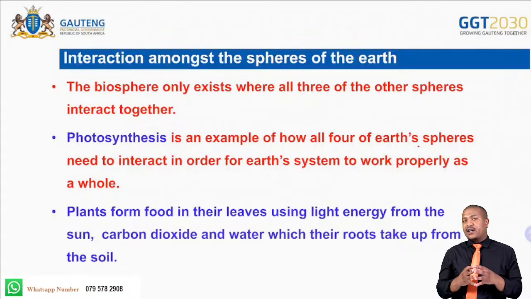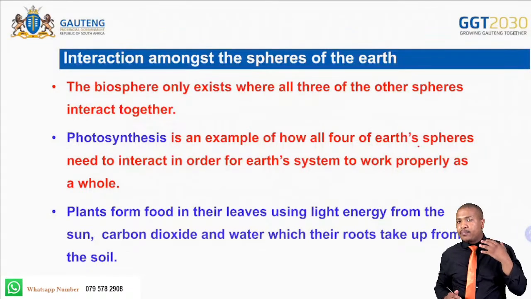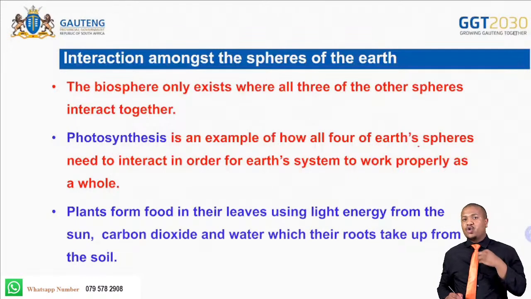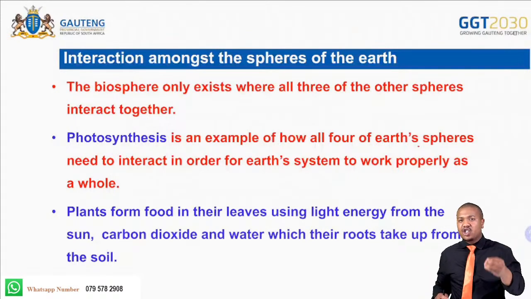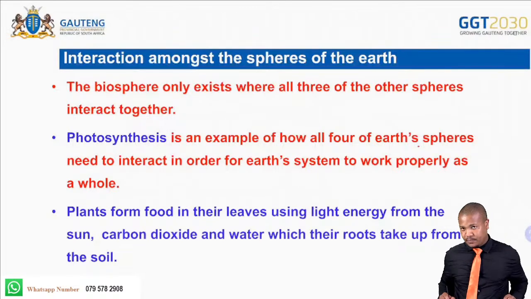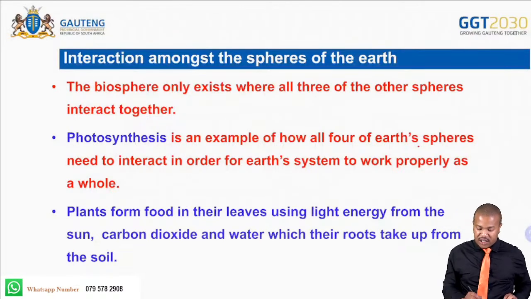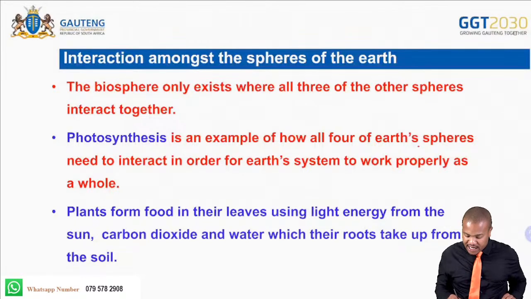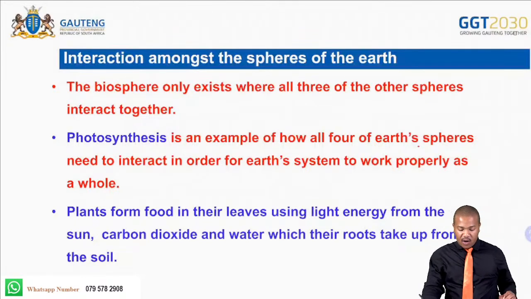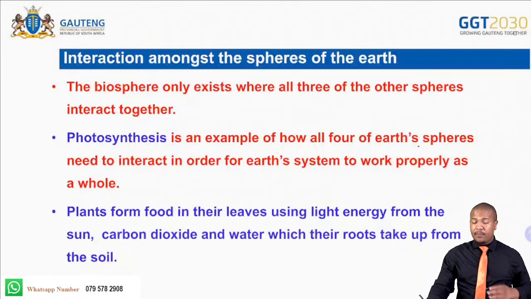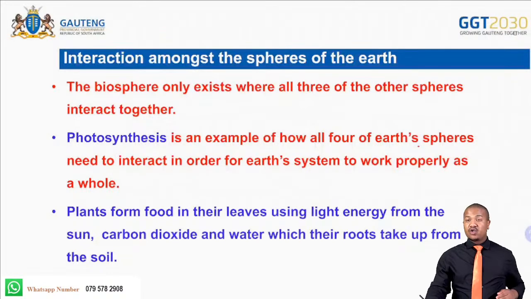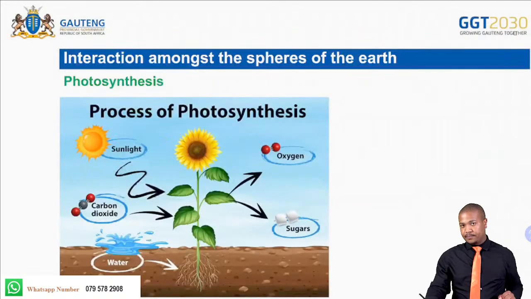So just a reminder, photosynthesis is a process whereby plants use carbon dioxide and water together with sunlight to make their own food, right? So plants form food in their leaves using light energy from the sun, carbon dioxide from the air, and water from their roots, right? To make their own food.